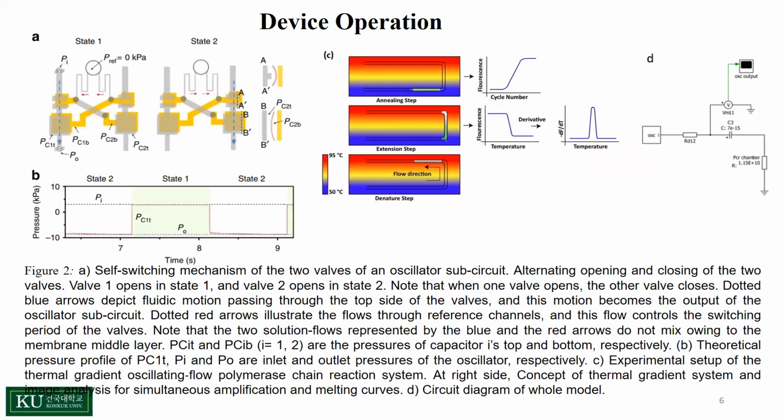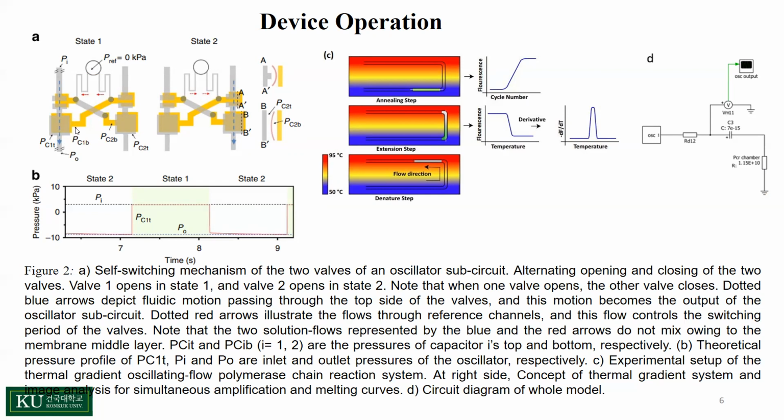This is the working principle of the oscillator. The input pressure is Pi, and if the valve opens at the left side, then the pressure at the top of the capacitor becomes Pi from the output pressure P naught. At the same time, the bottom side of the capacitor will be energized because the top side pressure of the capacitor becomes Pi, and the bottom side pressure is gradually increased.